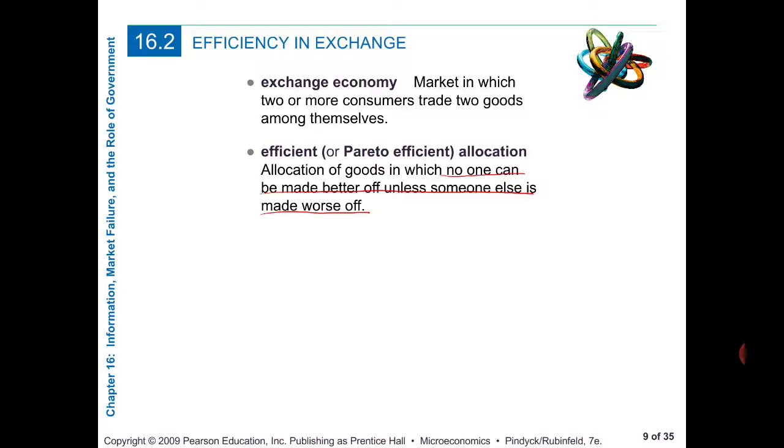That means both of them are already at their best, most efficient position. If you want to make someone better off, someone else must sacrifice for that change to happen.